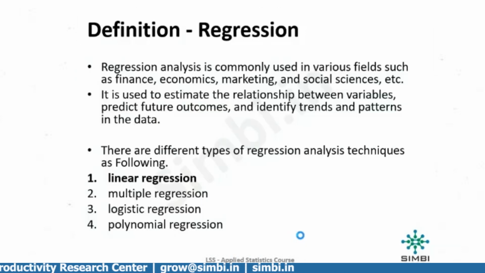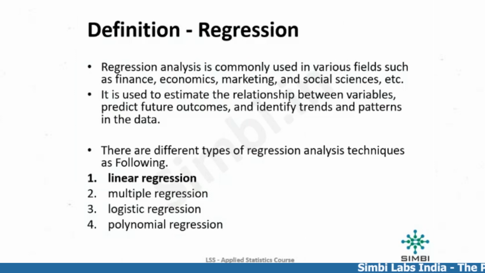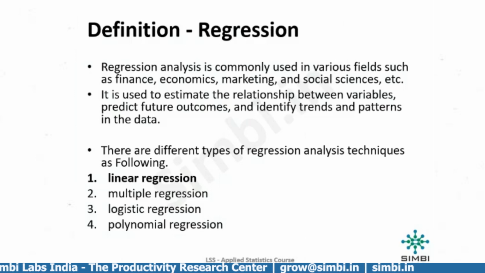And this regression analysis is related to correlation also. When we are going to learn about regression, we need to know what correlation is also. In our previous videos we had already discussed correlation.